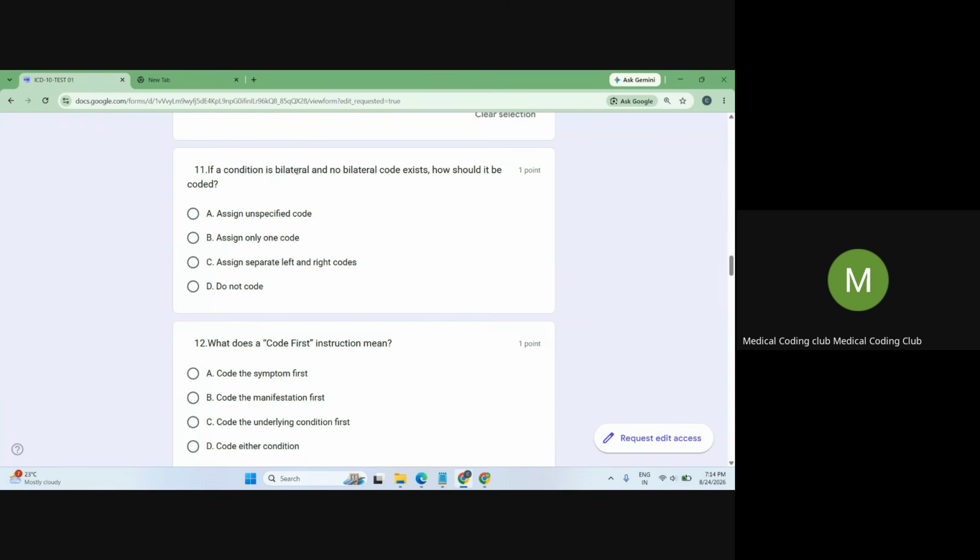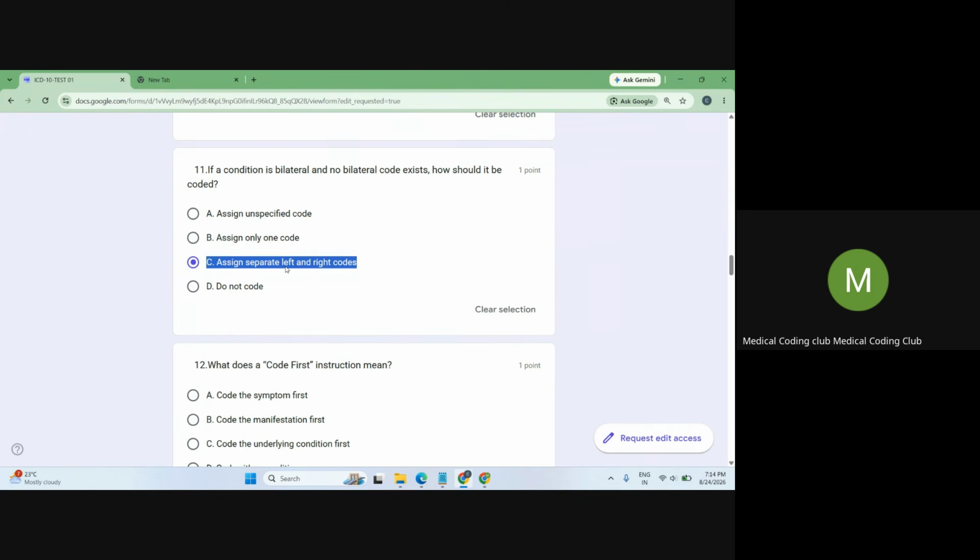That means he has pain in the right shoulder and also in the left shoulder. But if you check the pain category for shoulder, you will not find any bilateral code. Bilateral pain in the shoulder, you don't have a code. So in this case, you can code them separately.